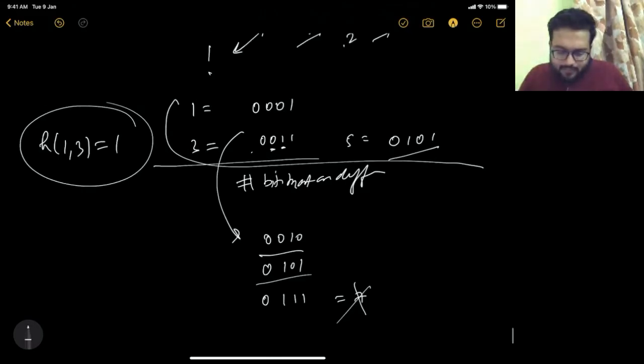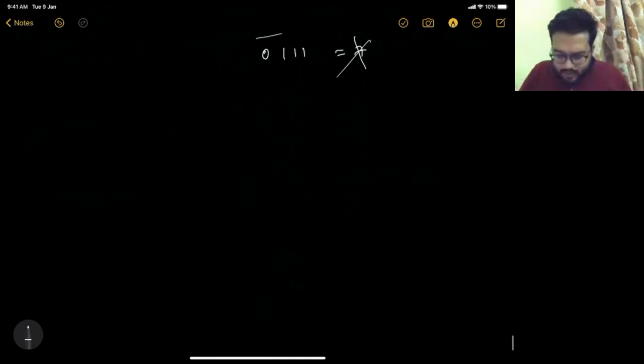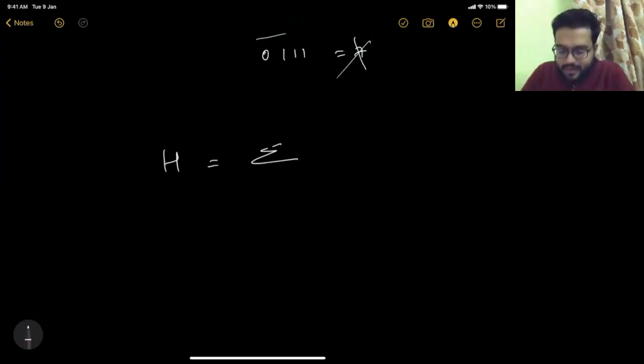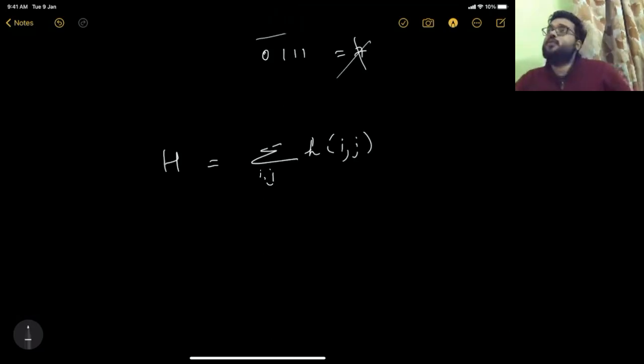So can I represent this number as summation of H dashed I j k, where k you have moved across all the bits? Can you understand this, guys? Number of different bits basically means, can you now count all the bits one by one and say, which bit is different?